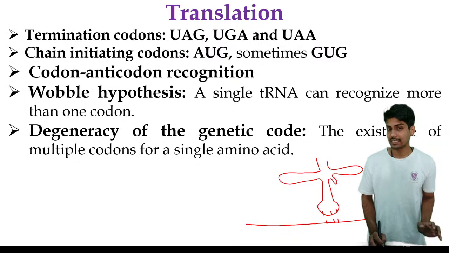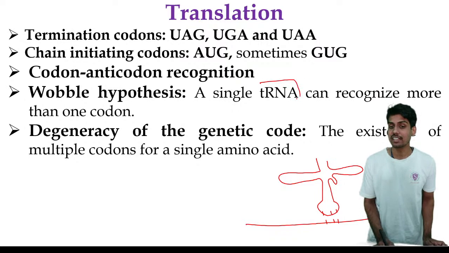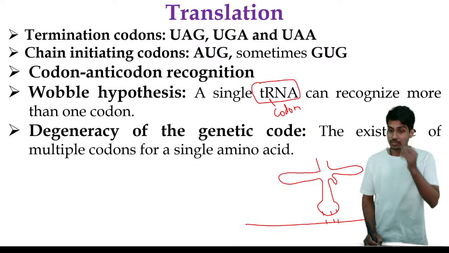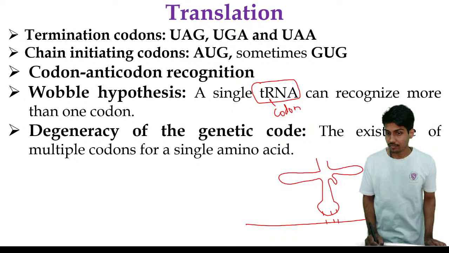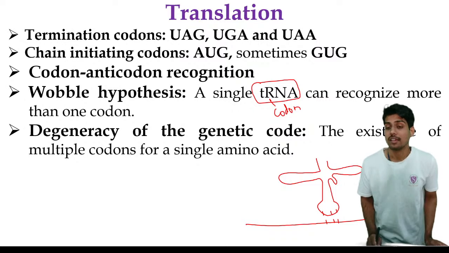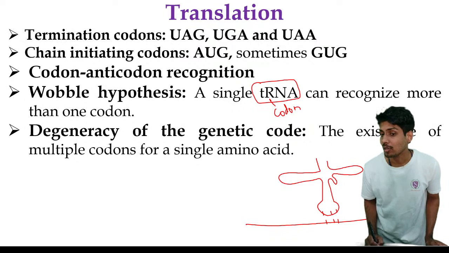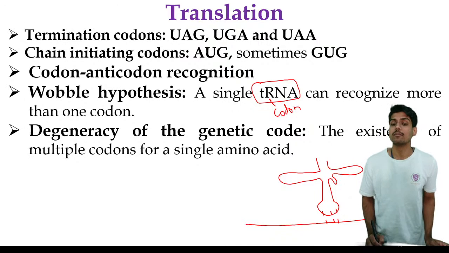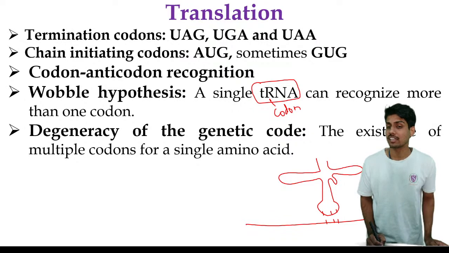So usually it is thought that a single tRNA should recognize only one codon, but that is not the case. Because of some flexibility at the third nucleotide base, one tRNA molecule can recognize more than one codon.